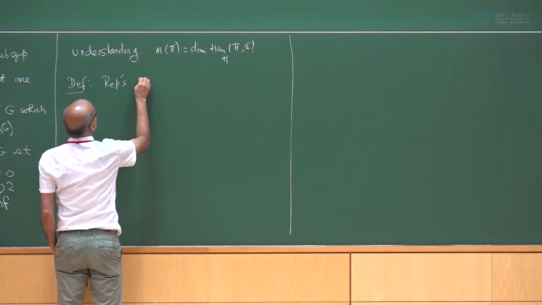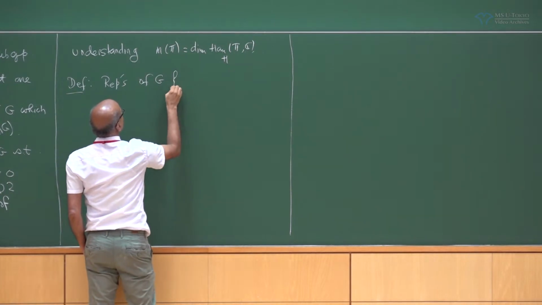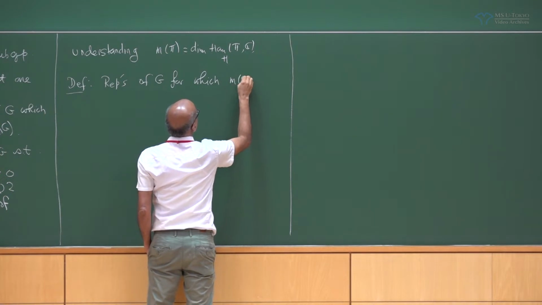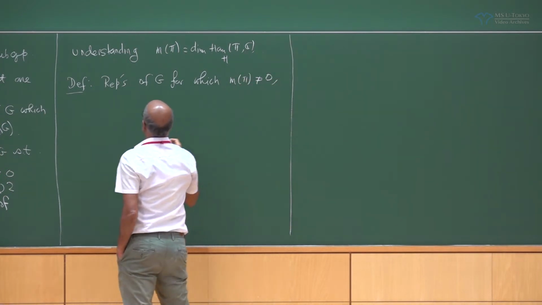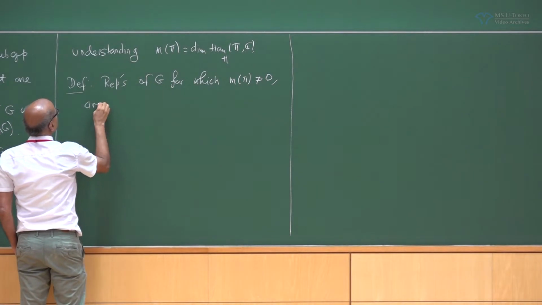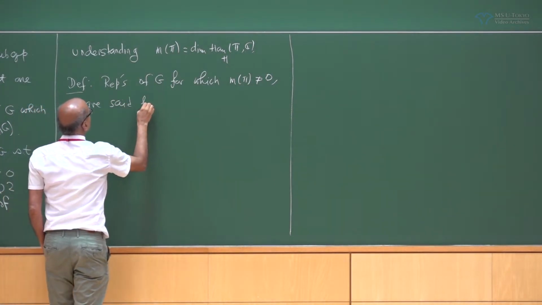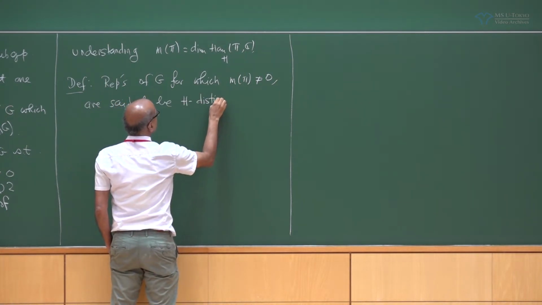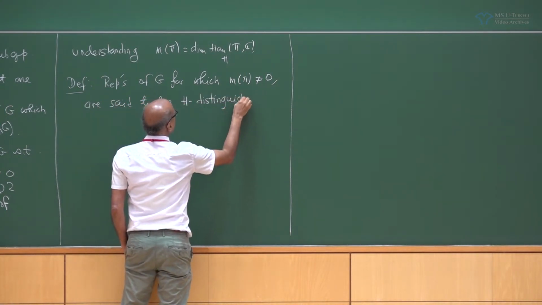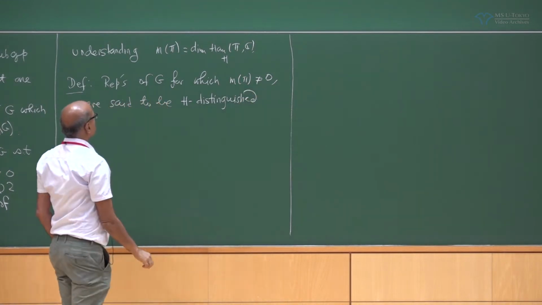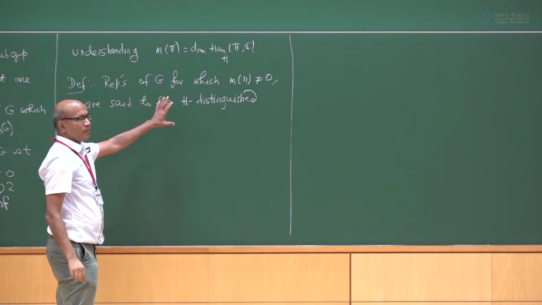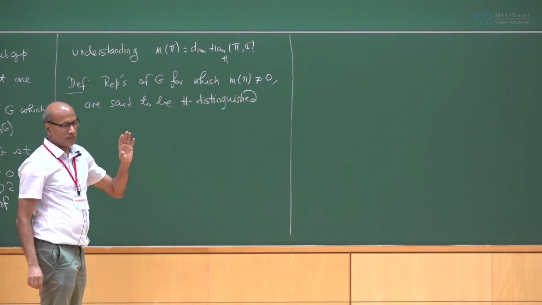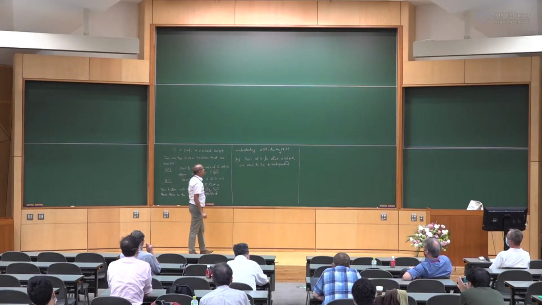Irreducible representations of G for which M pi is non-zero are said to be H distinguished. Sometimes when the subgroup H is understood, one just says the representation pi is distinguished.